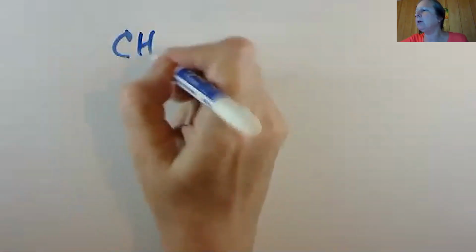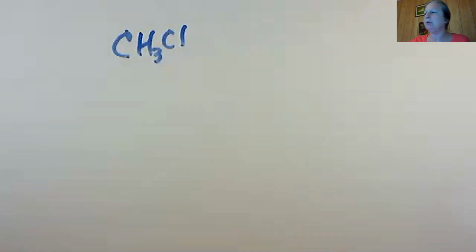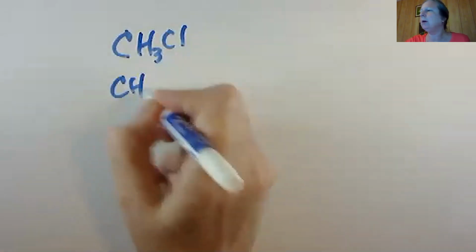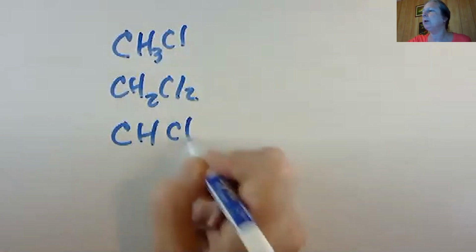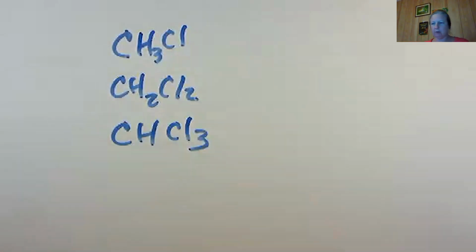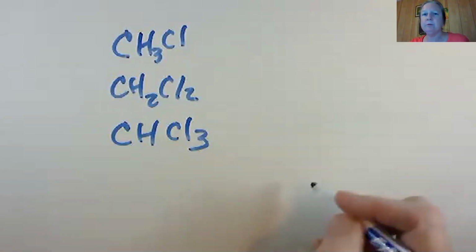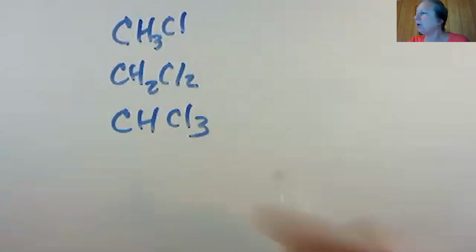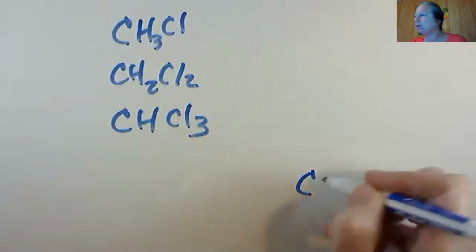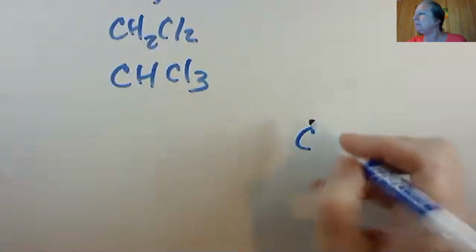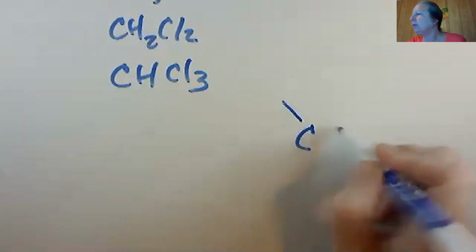So I have carbon, and I have a carbon that has 3 hydrogens and 1 chlorine. I have 2 of each, and I have 1 hydrogen and 3 chlorines. All right, so start with, I'm going to draw the structure, the molecular shape, the VSEPR, as best I can.